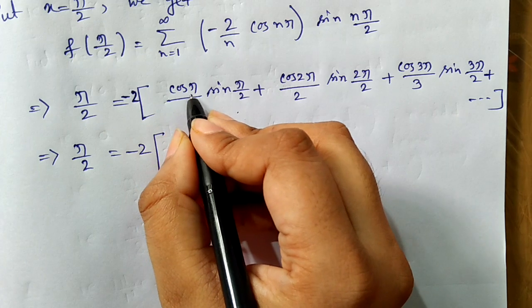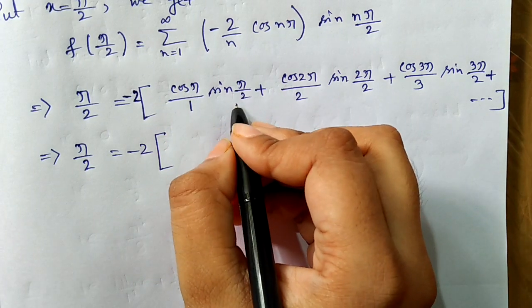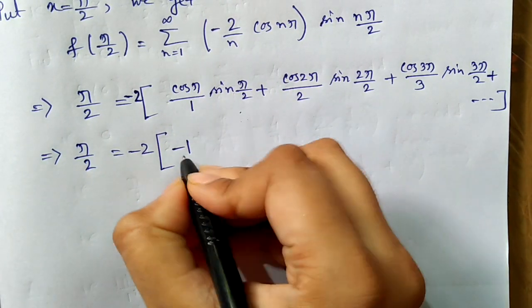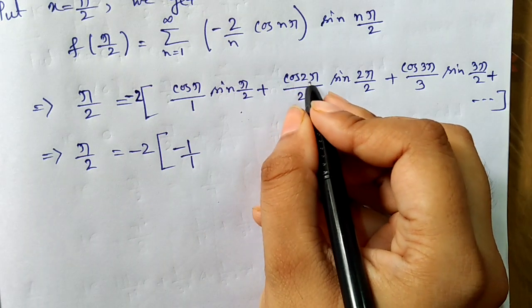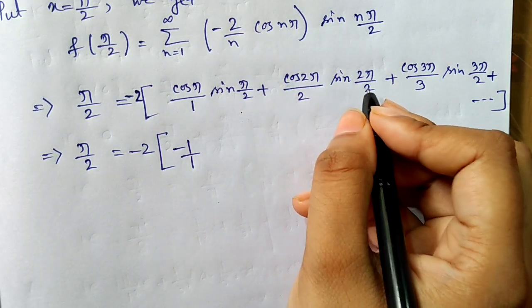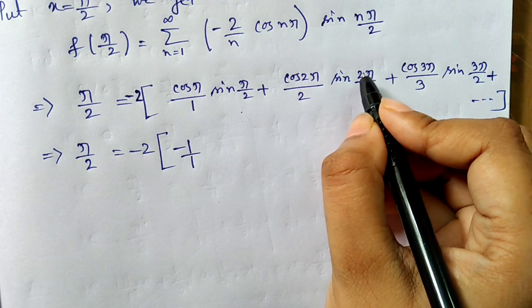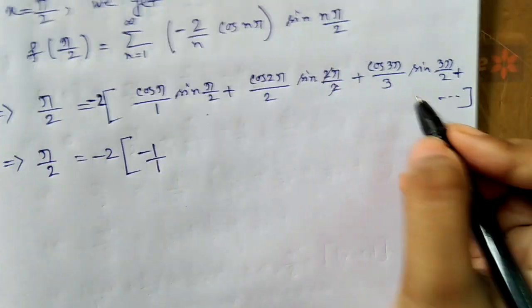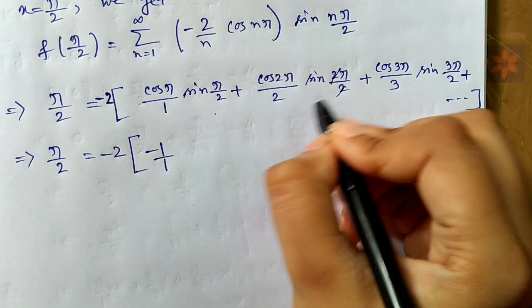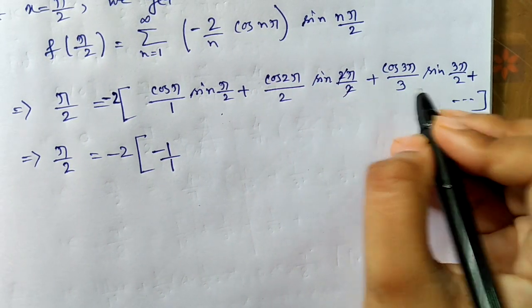Now write this value, cos pi is minus 1, sin pi by 2 is 1, this is minus 1 by 1. Now cos 2 pi is 1, sin pi means 0, so this term is totally omitted.